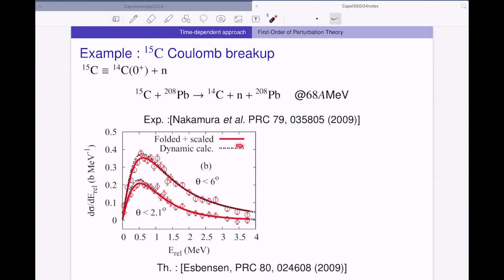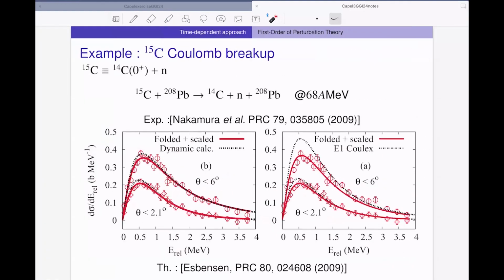The dynamical calculation is the black line, the full dynamical calculation, and then it's scaled to the data. It's the red line. So you have a very good agreement with the data after folding with the energy resolution, etc. When you do a first order perturbation theory calculation, as I've mentioned before, you see a strong difference between the calculation and the experiment.